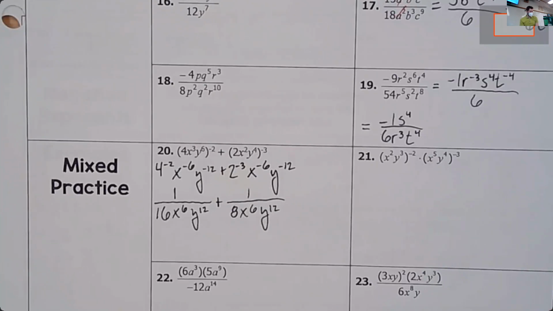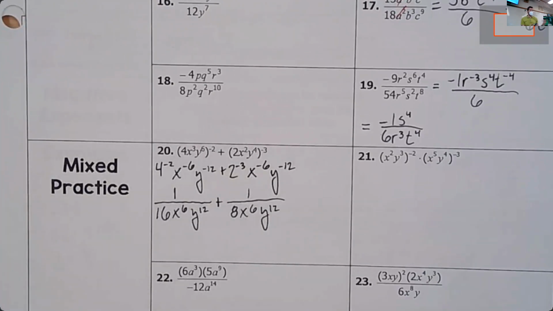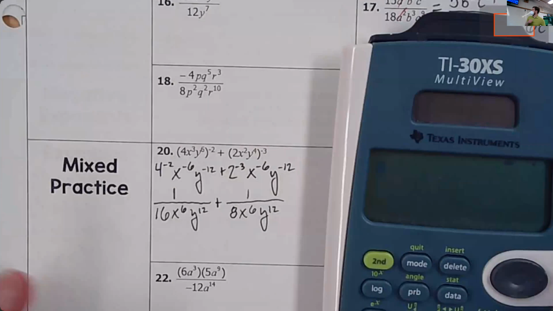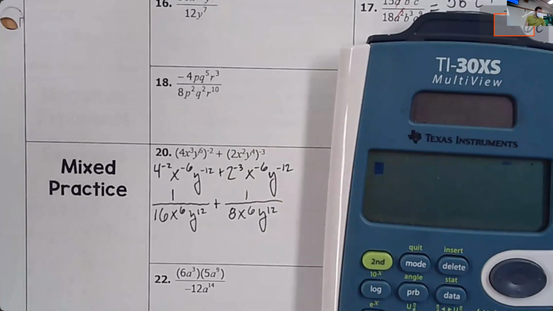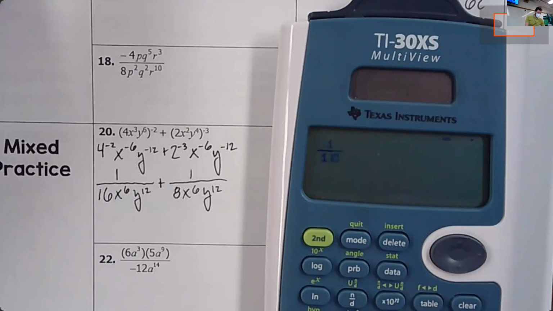So really what we're looking at is, in terms of adding together, we're adding 1/8 and 1/16 together. Those are the two numbers that we're actually adding for our like terms here. So we can just do that in our calculator if we want to. So 1/16 plus 1/8. That's going to be 3/16 when we get there.